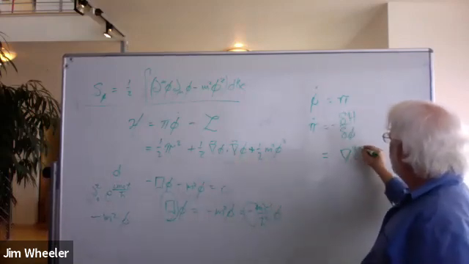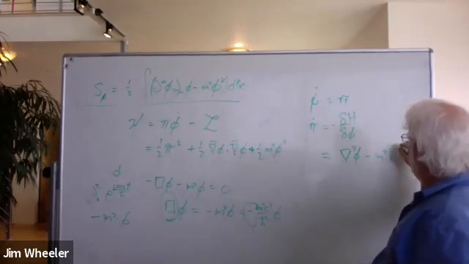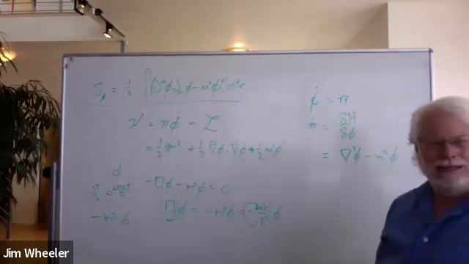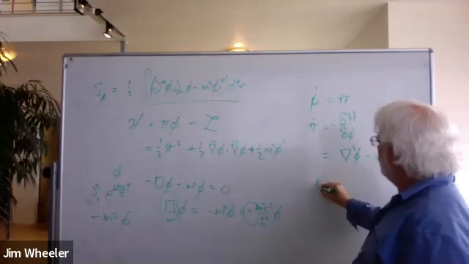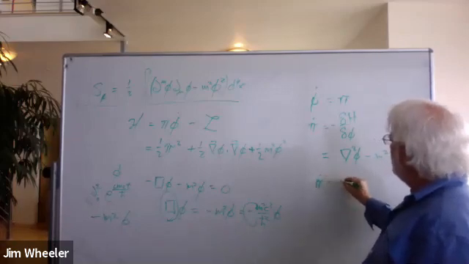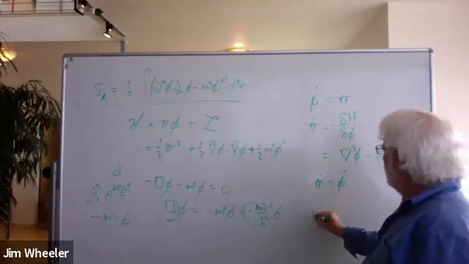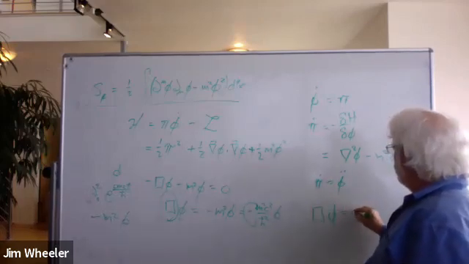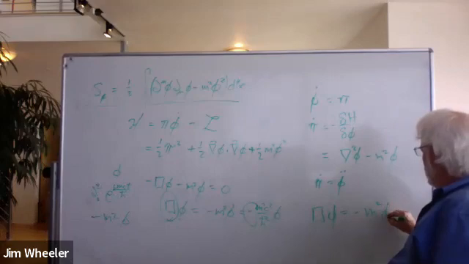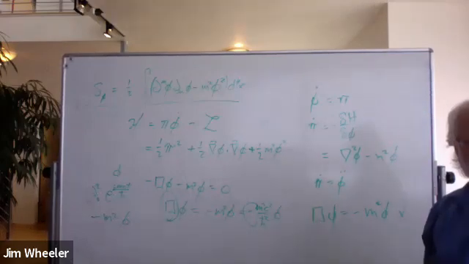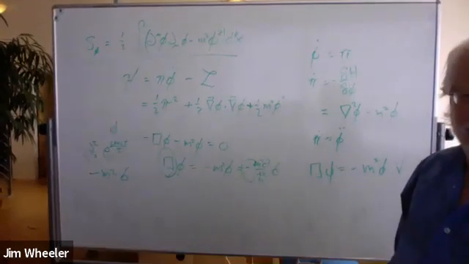So we get del squared phi minus m squared phi here. And then when we look at pi dot is phi double dot, we recover box phi equals minus m squared phi, and it all checks. Everybody happy?